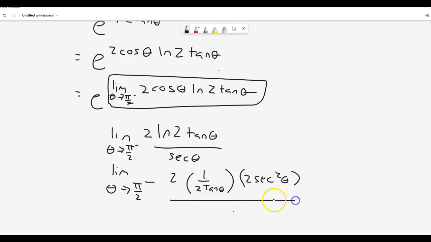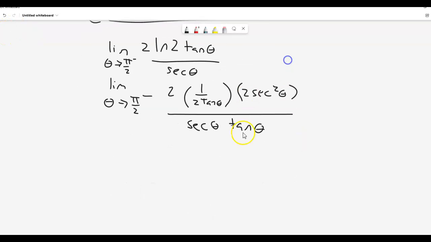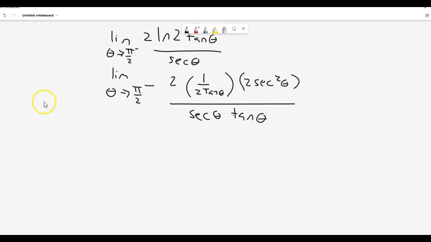And then our bottom, the derivative of secant of theta is secant theta tangent theta. All right, now let's do a little bit of manipulation here and see what happens. On the top, that's going to cancel out with that, and I'm just going to be left with 2 secant squared theta.